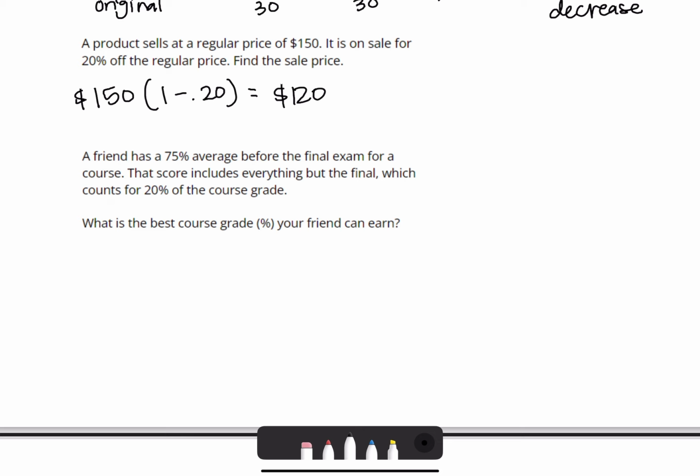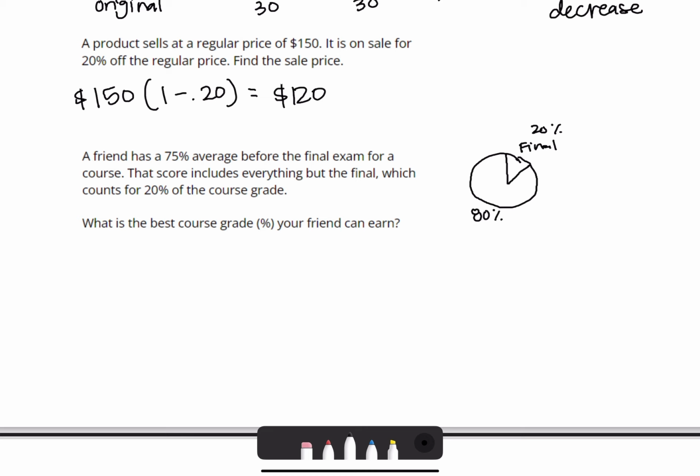Next, this one is a little bit more complicated than the other ones, so I've gotten a lot of questions on this one. But if you think about, I guess I could draw it this way. Think about your entire grade as a circle, and it says this is the final that counts as 20%.